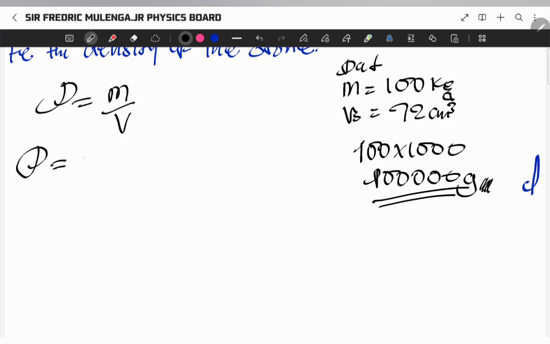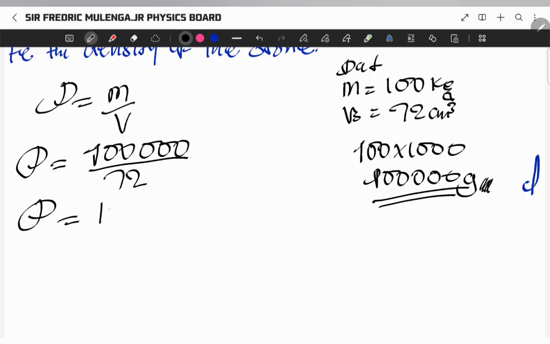So density is that over 72. So when we plug in on our calculators, density will be 1388.9 grams per centimeter cubic. Yes, per centimeter cubic. That's correct.